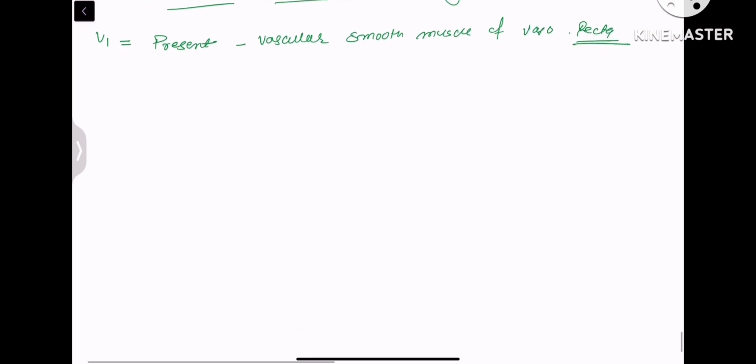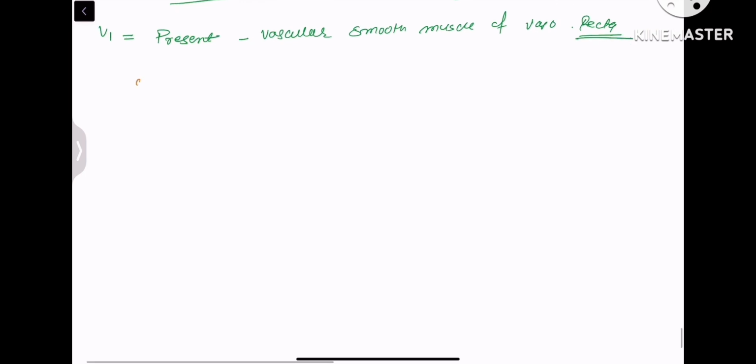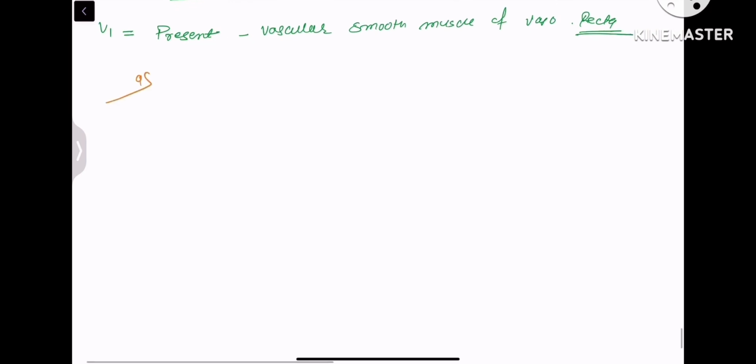What is the action? Activation of the V1 receptor of the vasa recta causes vasoconstriction and then reduces the blood flow in the vasa recta. This leads to reduced secretion phase of the kidney.